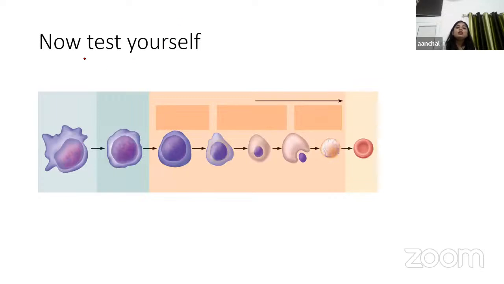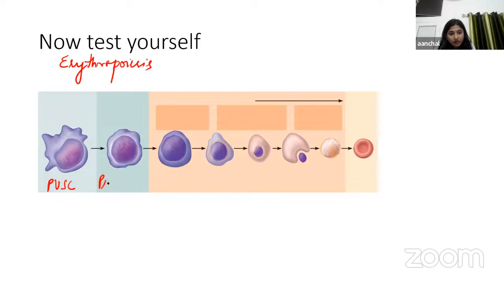Now it is your turn to test yourself. I know all the students know what this diagram is showing: the stages of erythropoiesis. So we're going to learn again what these stages are. First we have the PPSC or hemocytoblast.